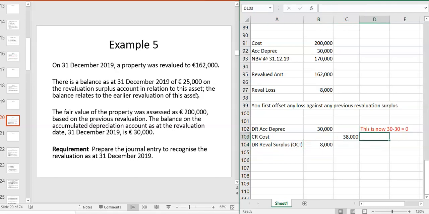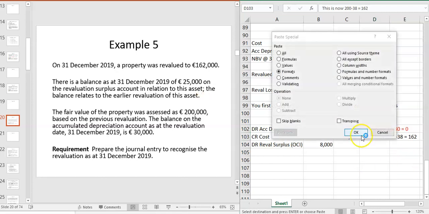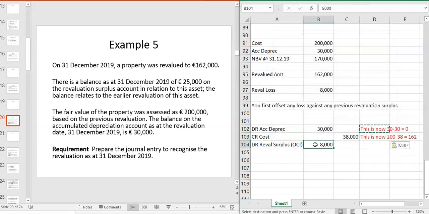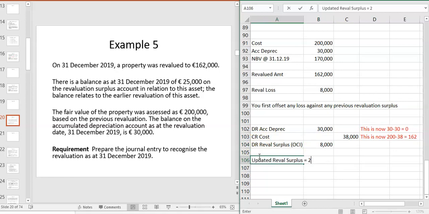So notice there now, the cost is now 200 minus 38, which is 162. And the reval surplus is brought down. So the updated reval surplus is 25,000 minus 8,000, which is 17,000.